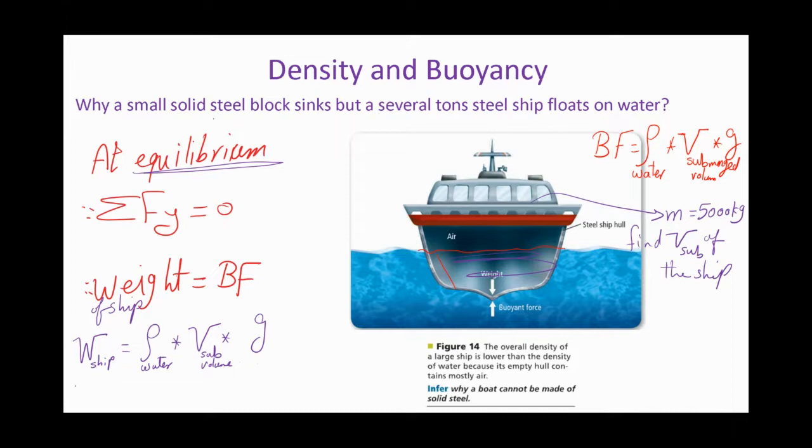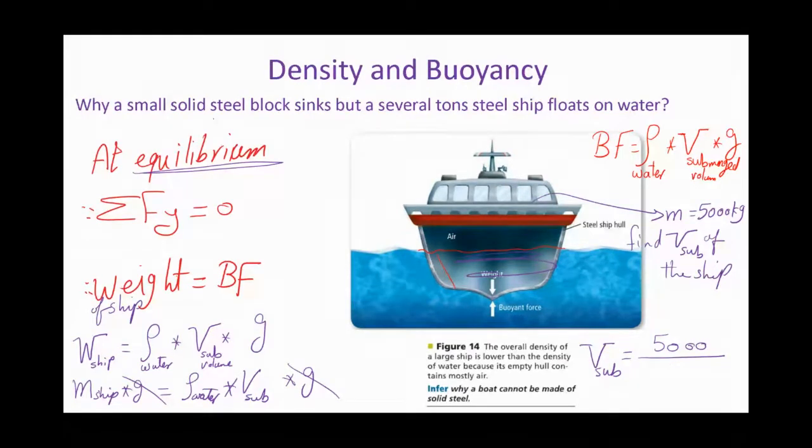What is the weight of the ship? The mass of the ship times g equals the force: rho of the water times the submerged volume, which we call V sub, times g. We can remove this g with this g. So the submerged volume equals the mass of the ship, which is 5,000 kilogram, divided by rho.